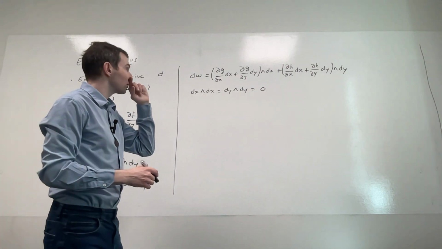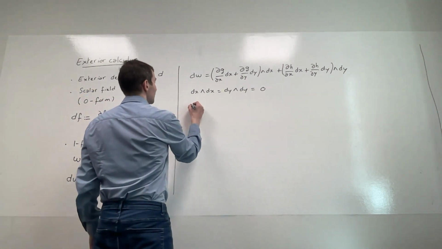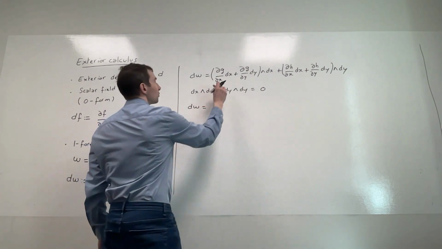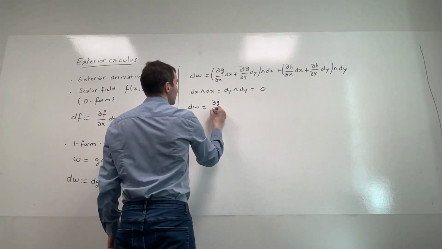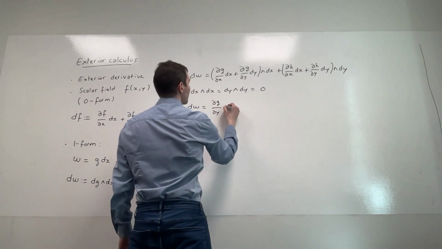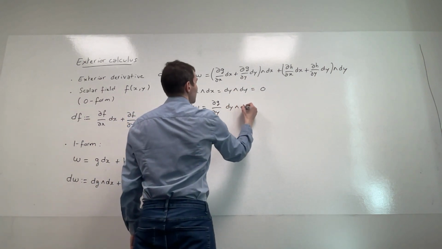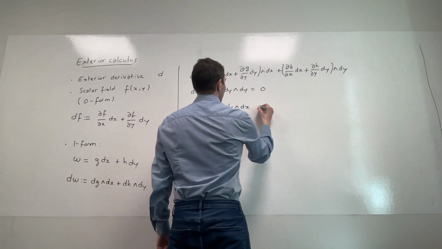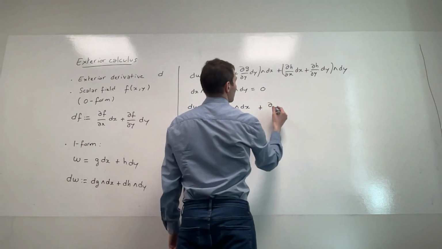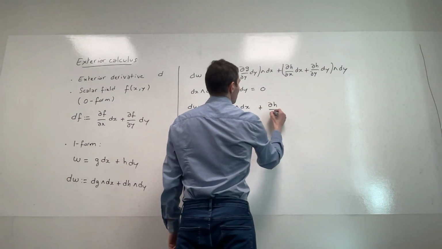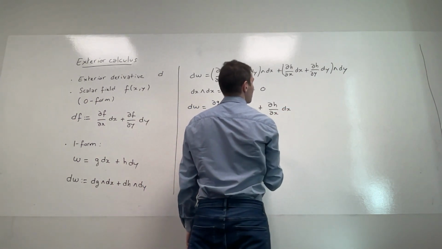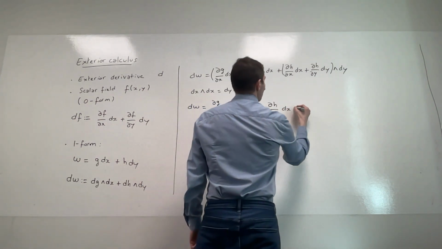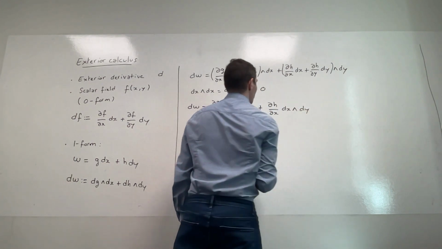So d omega is equal to dg dy dy wedge dx plus dh dx dx wedge dy.